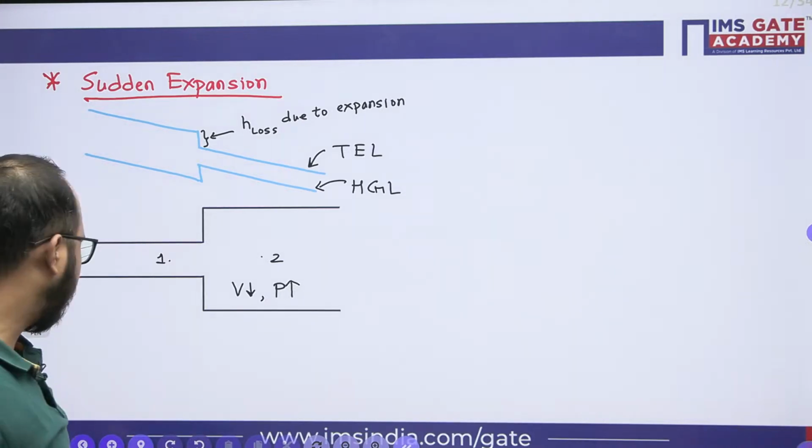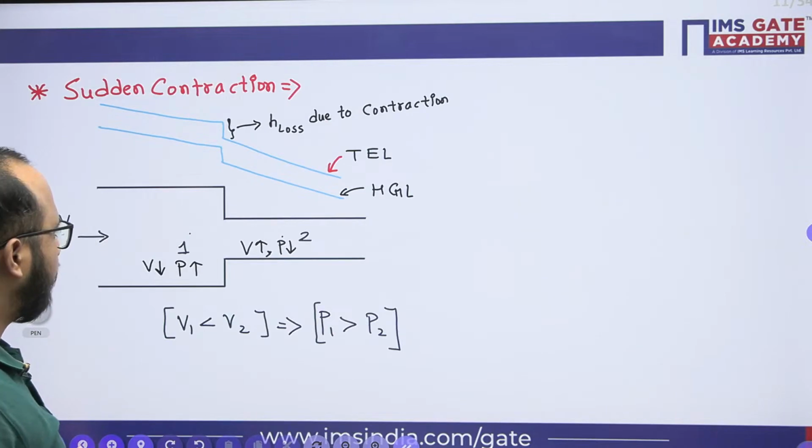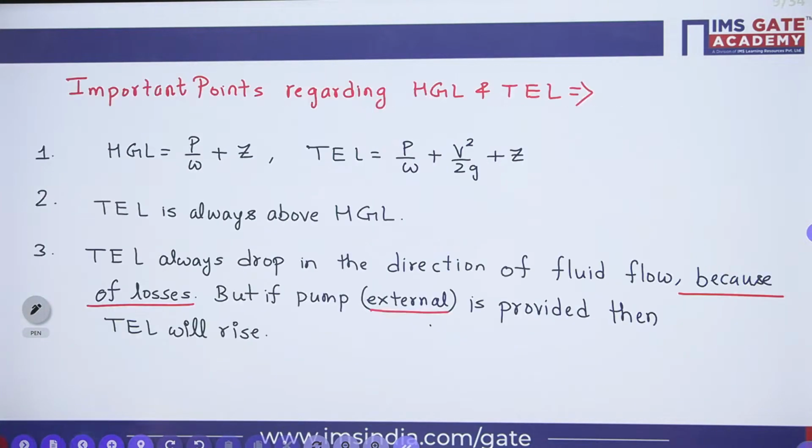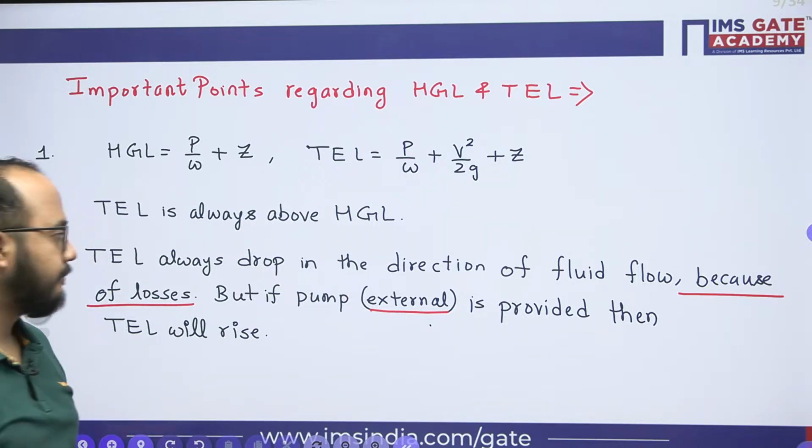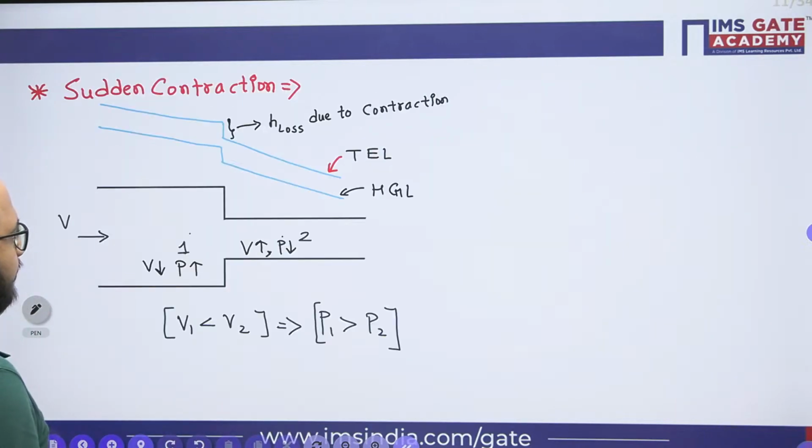I hope everything is clear regarding the HGL and the TEL. There will not be any doubts. Yes or no? Just tell me. Okay. Now we'll move on to the numerical parts.